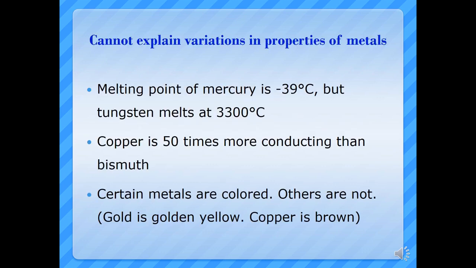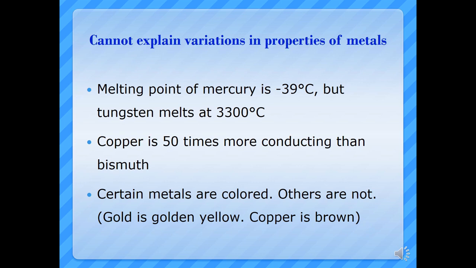The melting point of mercury is minus 39 degrees Celsius, which is very low. As we know, at room temperature, mercury exists as a liquid. But tungsten is also a metal which melts at a very high temperature, that is 3300 degrees Celsius. This kind of variation in the melting point of metals cannot be explained using free electron theory.